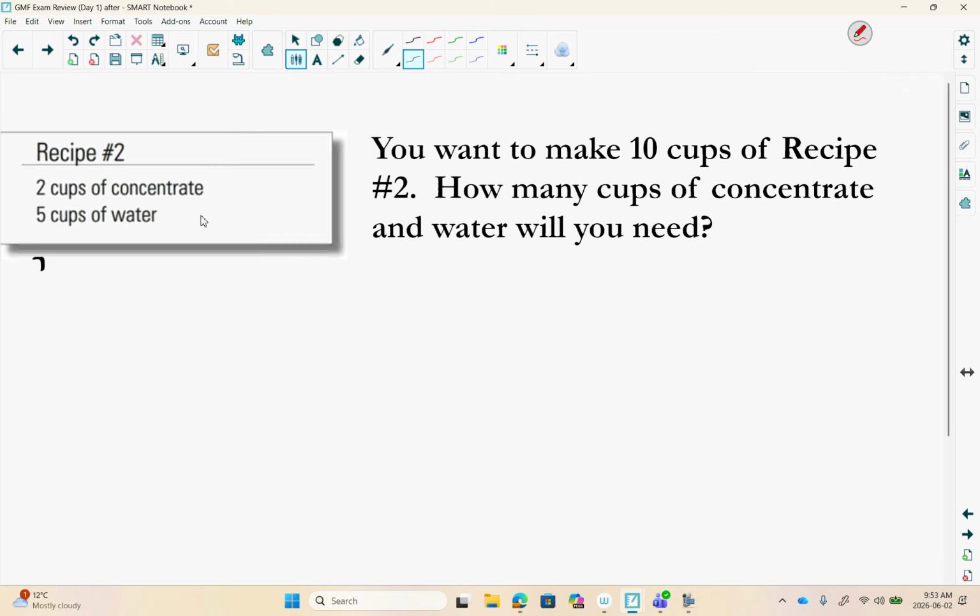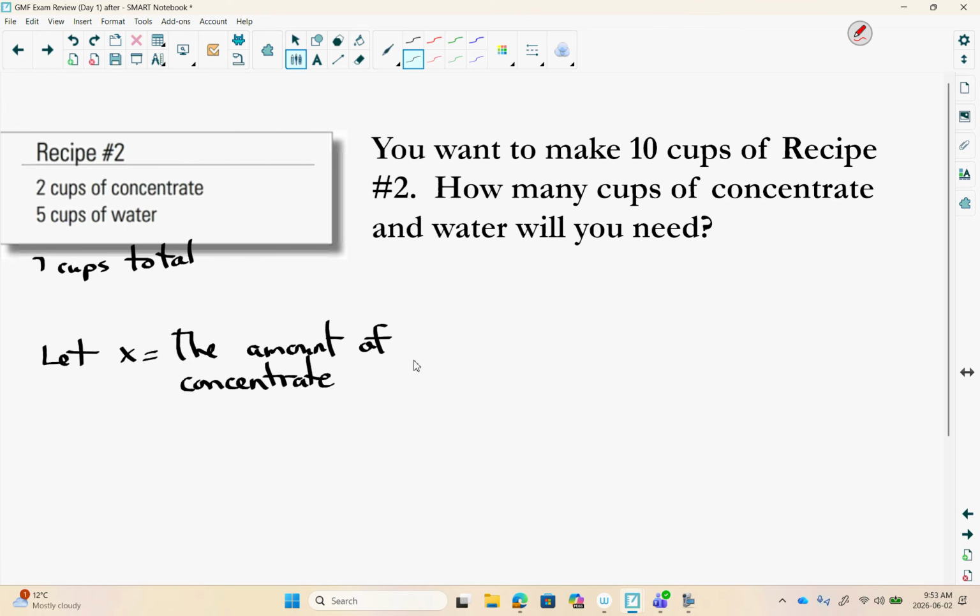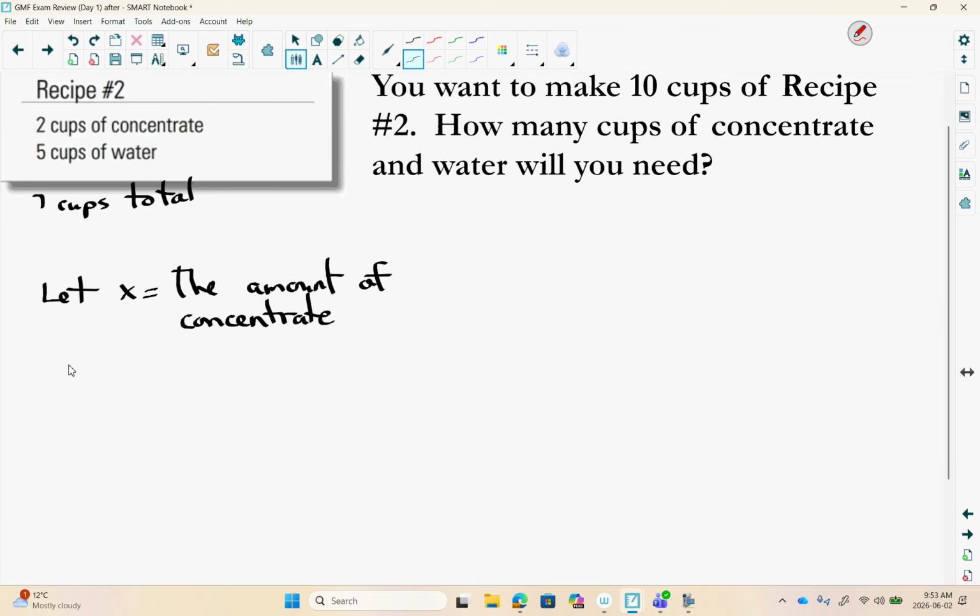7. What'd you do to get 7? What'd you do to the 2 and 5? Add them together. We'll set it up. We'll say let x equal the amount of concentrate, and when I set this up, I want to do the following.